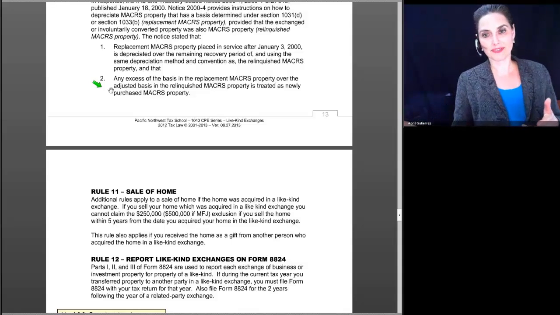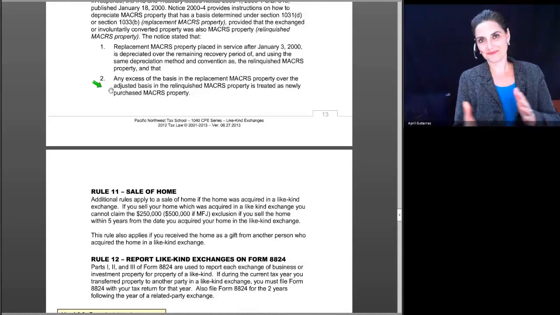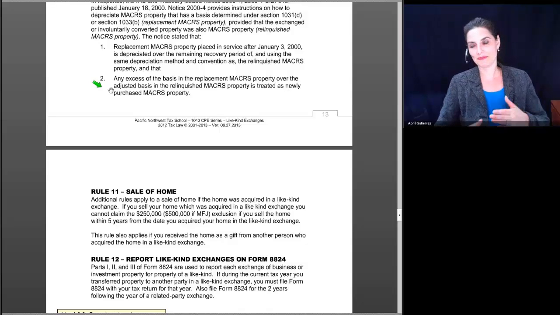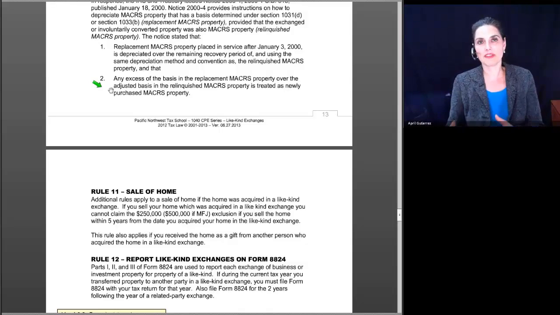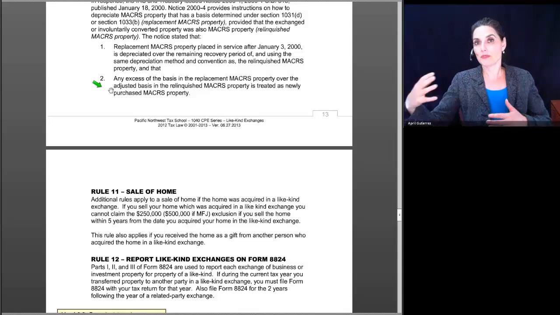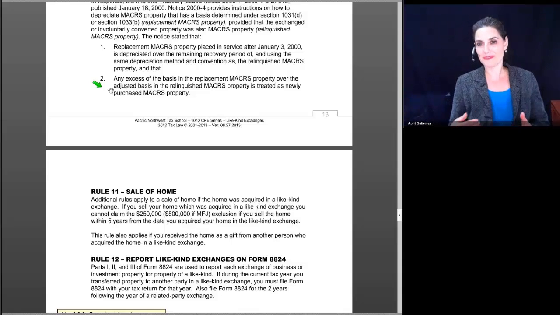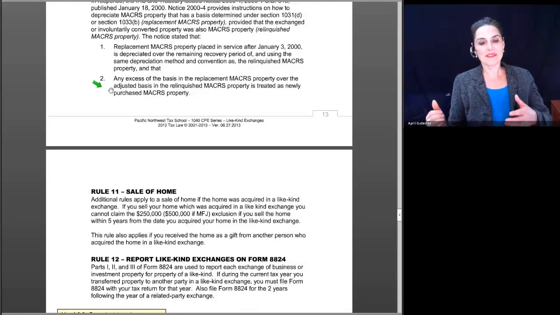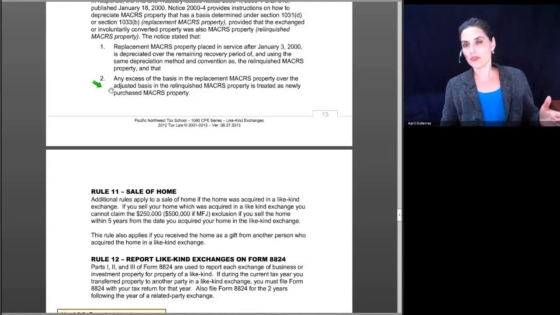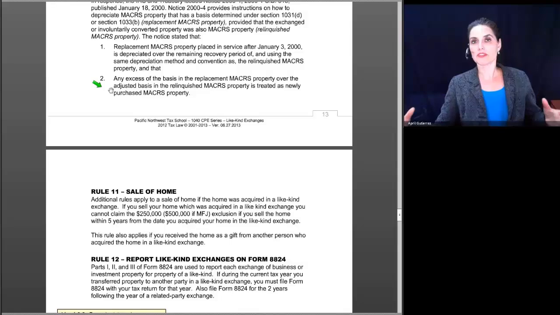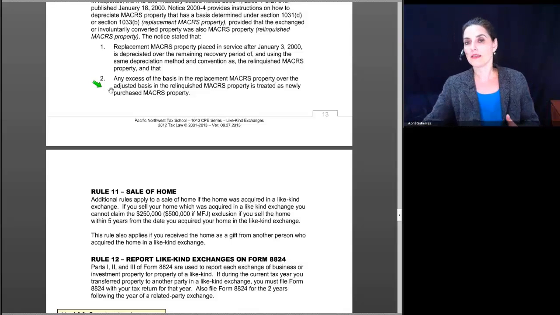And of course, the only way this is going to work is if we have additional basis in the Camaro anyway, so we'd have to be creating an extra basis. So we really theoretically have to have a situation where we've got additional basis coming in because we've contributed boot rather than receiving boot. So we've got an asset that has previously been depreciated. It's being traded for a new replacement asset that's like kind. And the remaining basis of the original asset is going to stay in the books and it's going to continue to be depreciated using the same method and the same life that it was previously being used.